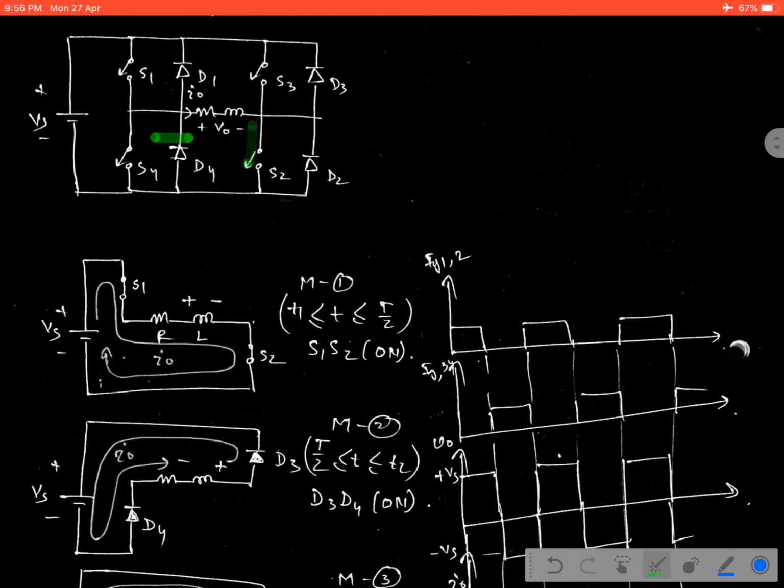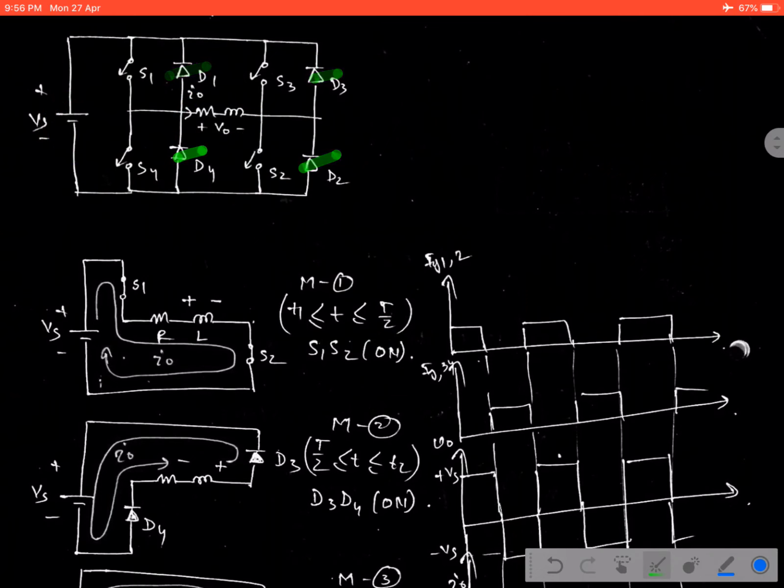Then the inductor discharges through the diode D3 to the supply, then D4 and back to the load. That means it is able to feed back energy stored inside the load to the supply. That is why the diode is called the feedback diode.